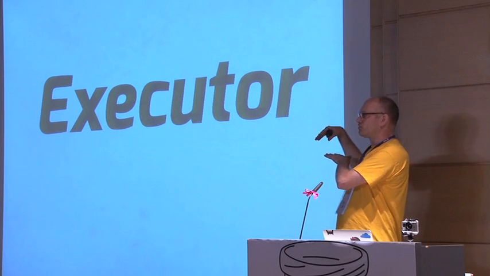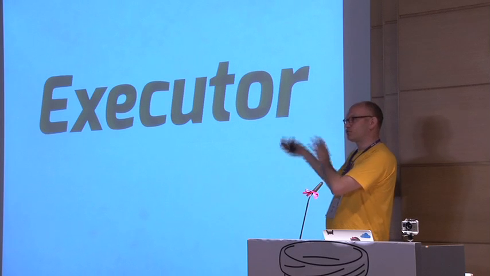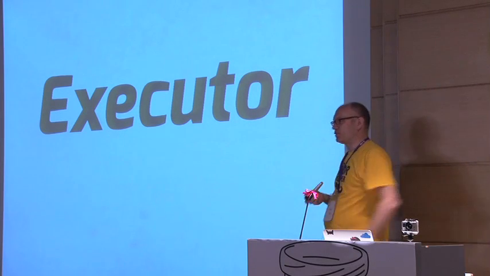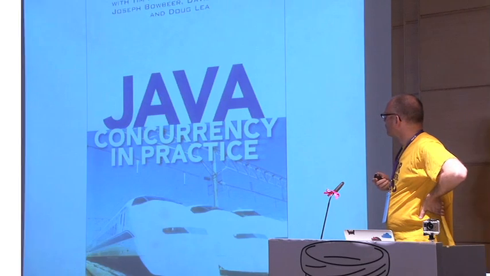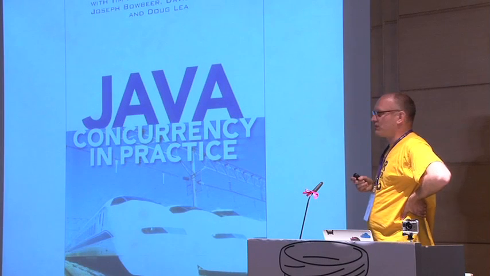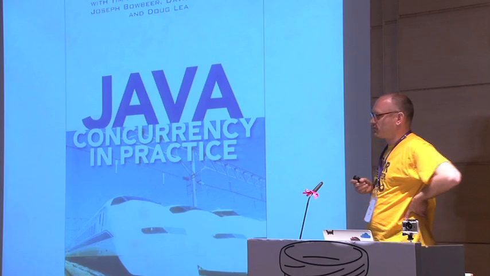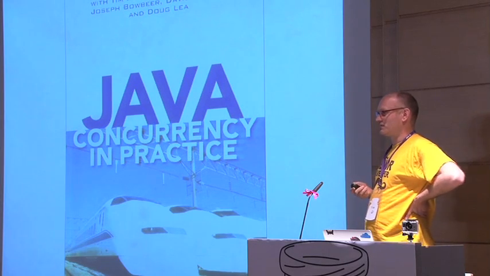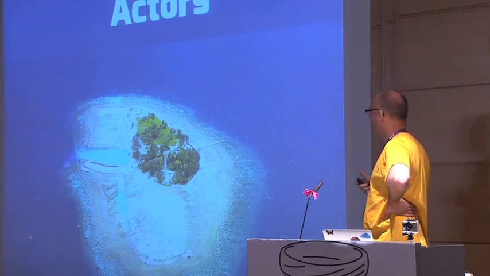So there's a threaded implementation, and you could switch in other implementations underneath, other executors that do it in a different way. Yeah, and so this is the standard book you have. This is the book I recommend. If you want to do concurrency in Java or in JRuby, this is the book you have to read. It's very good, and it will tell you everything that I cannot put into these 10 minutes now.